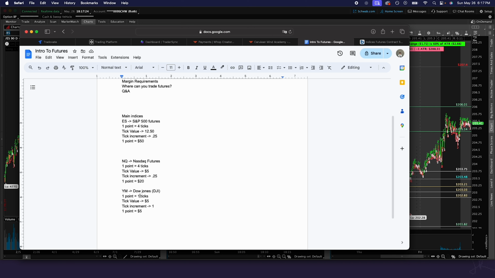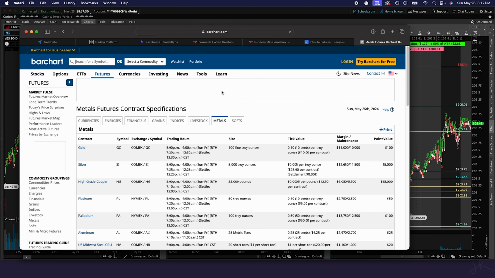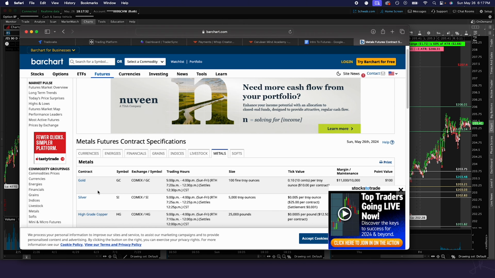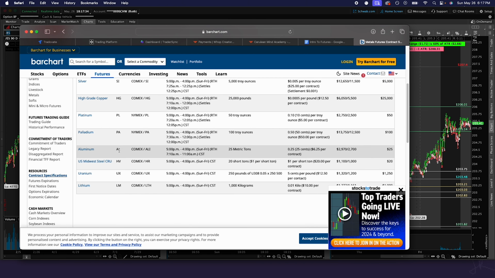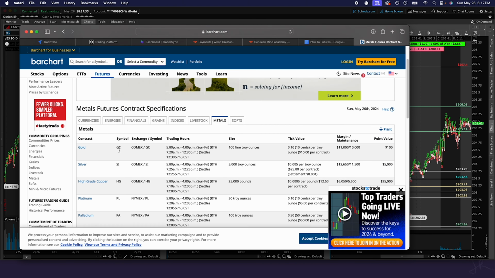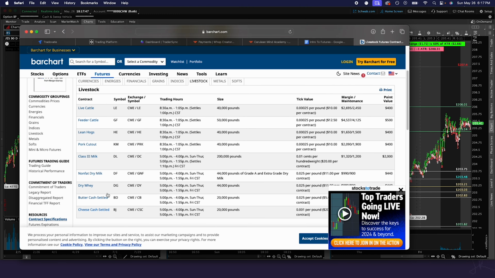And then of course, there's a bunch of other ones for people who like trading gold and stuff. There's gold futures, and all these other ones. And with futures, you could really trade a lot of different commodities. You can trade cattle, hogs, milk, literally whatever you want. Honestly, that's on this list.